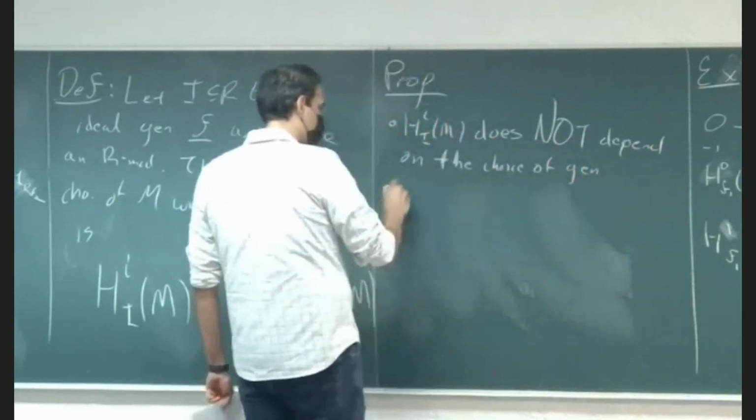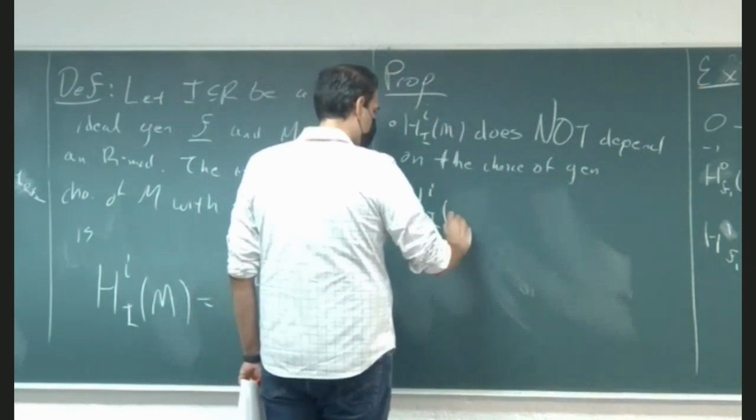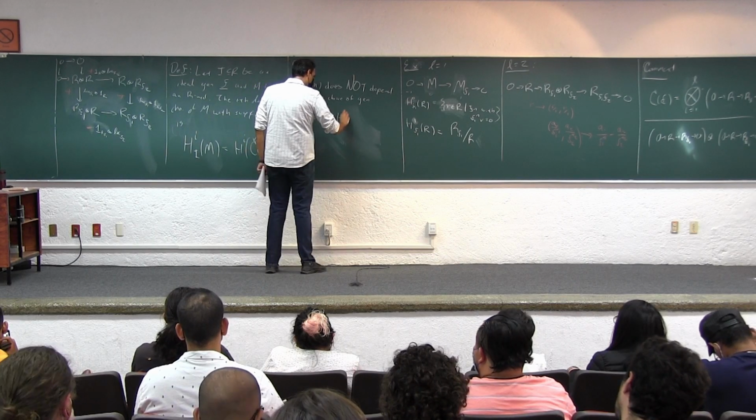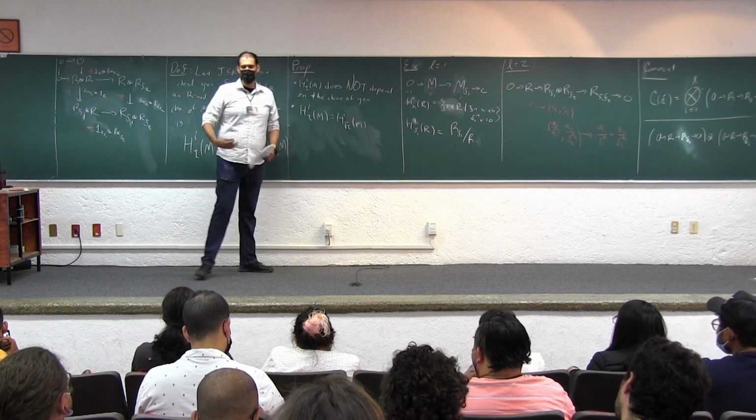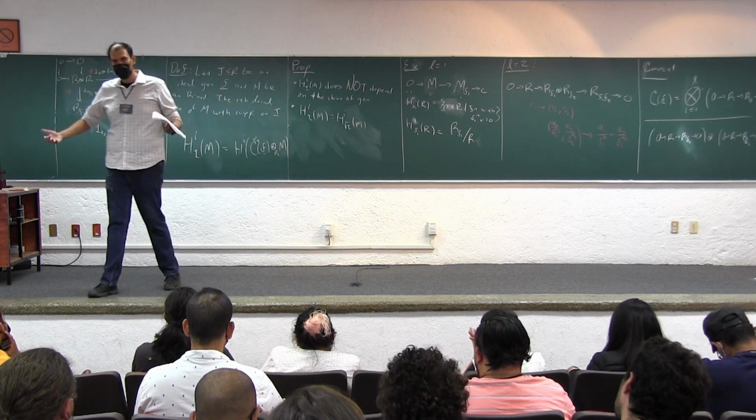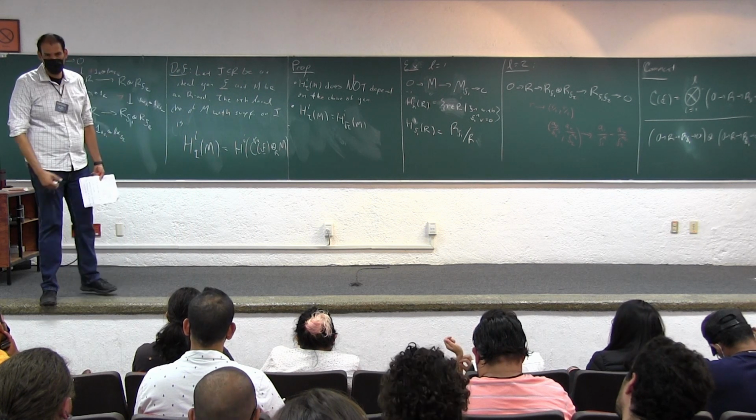In fact, it's even stronger. Local cohomology does not depend on the ideal, it depends only on its radical. So you take two ideals that have the same radical, then they will give you the same local cohomology.